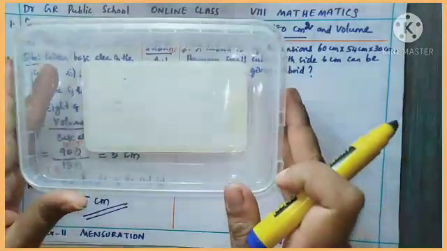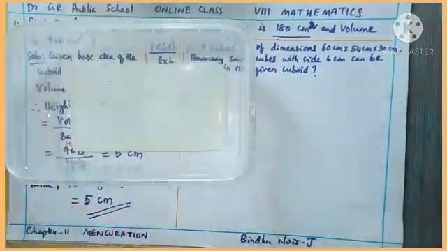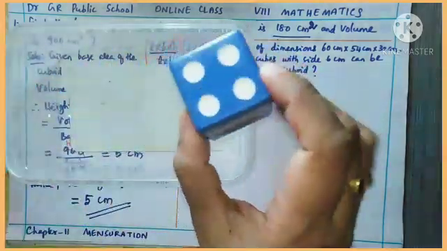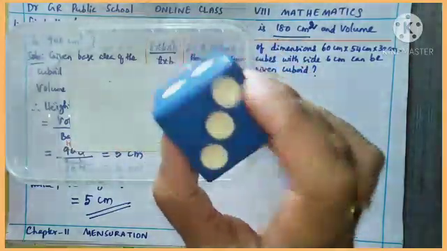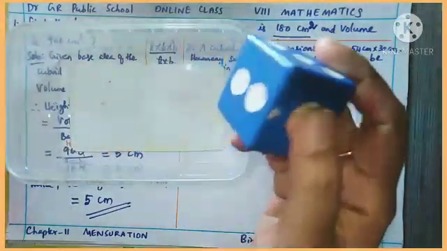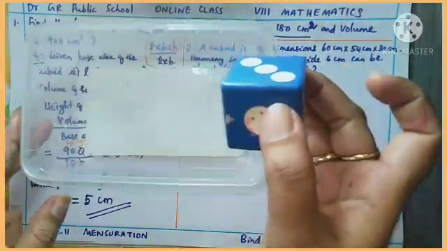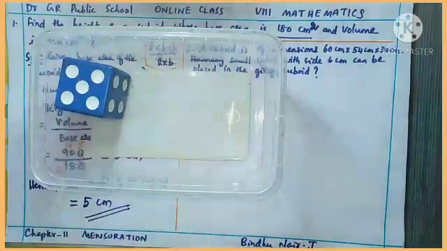So what I am going to do, I have a small cube in my hand. Can you see this? Yes. This is a cube structure, right? All the surfaces are equal faces. This is a cube. So what we are going to do, likewise, I am going to arrange this cube inside this cuboidal box.